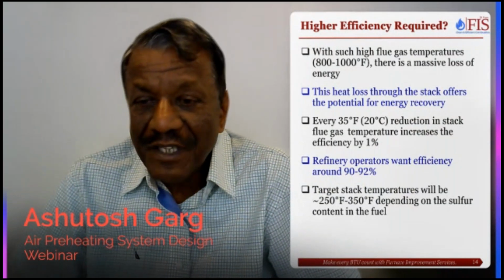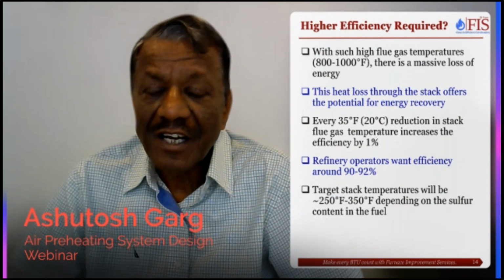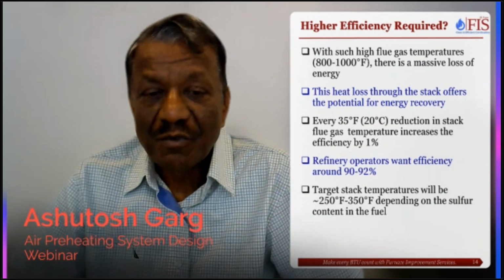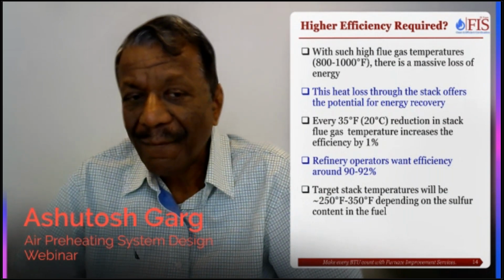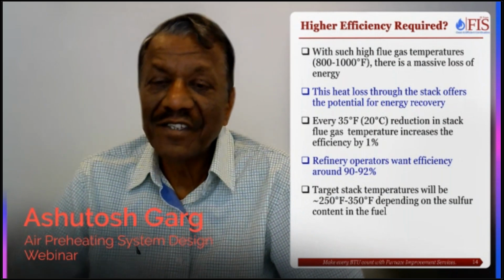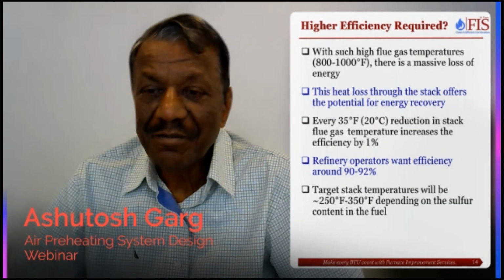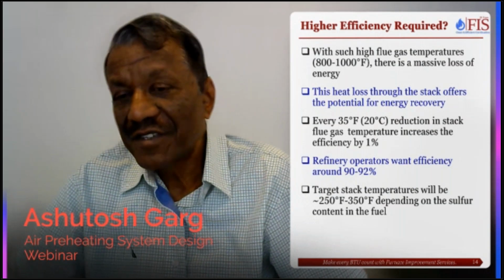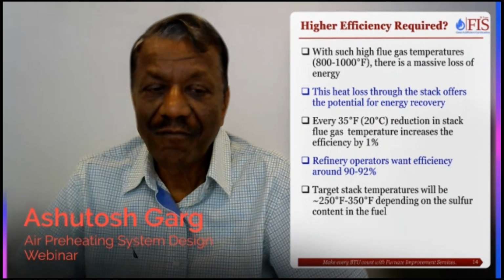So the thumb rule is every 20 degree centigrade reduction in the flue gas temperature will improve the efficiency by about 1%. So if you reduce the flue gas temperature by 100 degrees centigrade, you will get about 5%. If you do it by 200 degrees centigrade, then you get about 10% efficiency.